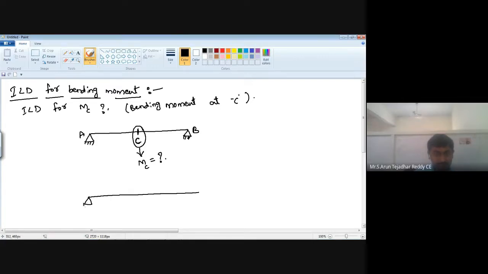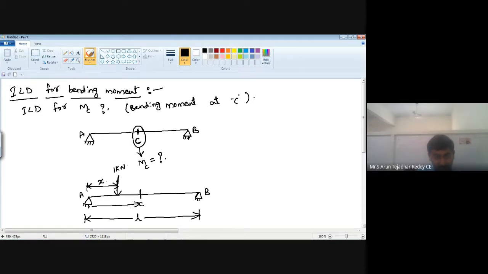Now see here, same diagram. It is A, it is B. My 1 kilonewton load is acting at a distance of x meter. Generally our whole span is L. From A to B the span is L, and our C is acting at this point.